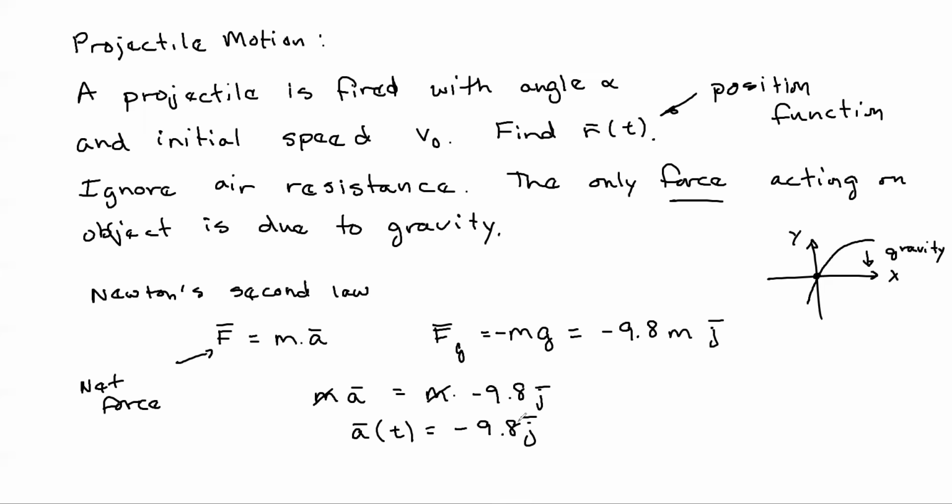Once we have acceleration, just like on the last example, we can use the acceleration function to find the velocity. The velocity of the projectile is the integral of the acceleration, which equals the integral of negative 9.8 j.